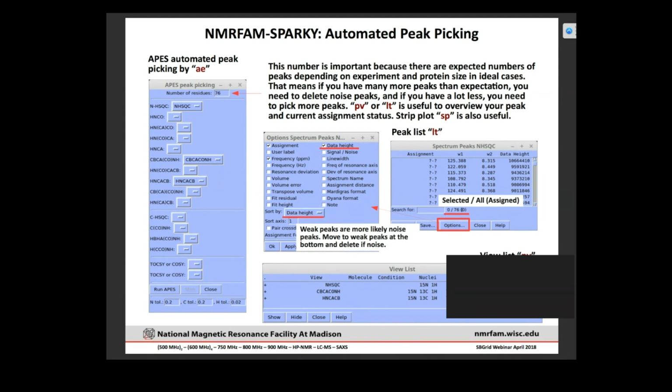So this one is also telling you in the peak list dialog that 76 tells you the peak numbers in your experiments, and then this 0 means you don't have any assignment, and this 0 in parentheses means that you are not selecting any peak. So if you are selecting the 3 peaks, dragging here, then you will see 3 in here. Then if you assign a few, then you will have different number here. So that is another thing that you can see in the peak list.